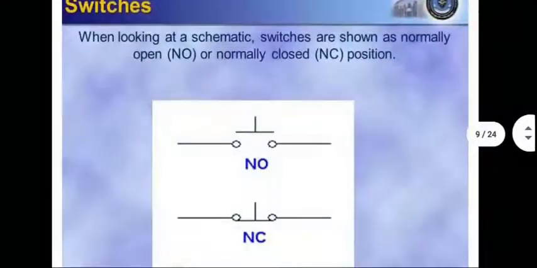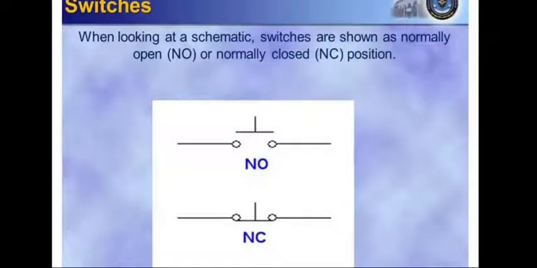Switches can be classified also as normally closed or normally open types, NO and NC. This probably would apply to all the switches we have looked at in the previous slides.